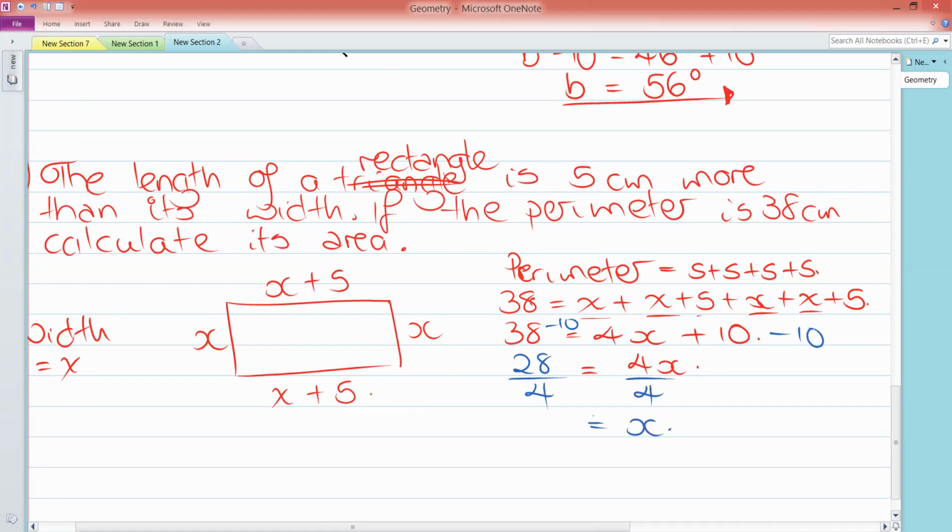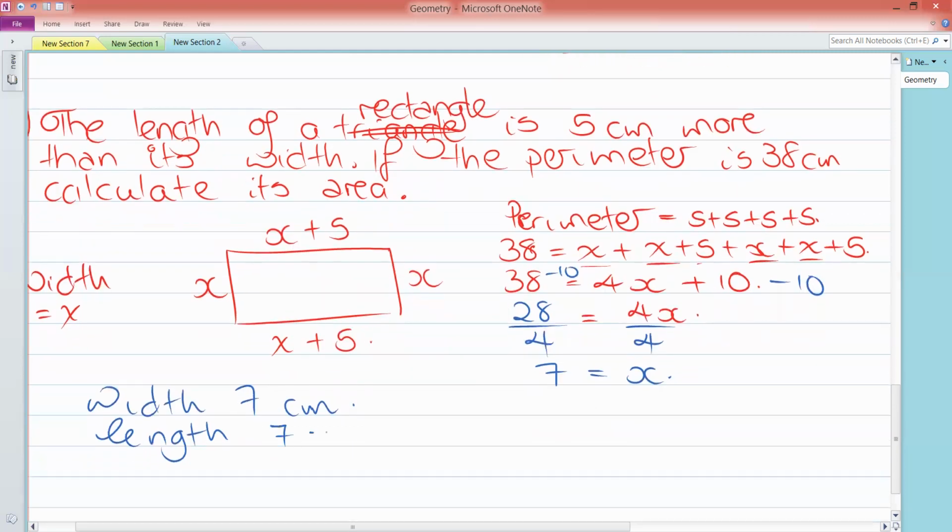Therefore, X is equal to 7. So I just worked out that my width is 7. Is it in centimeters? Yes. What would my length then be equal to? 7 plus 5, which gives us 12 centimeters.